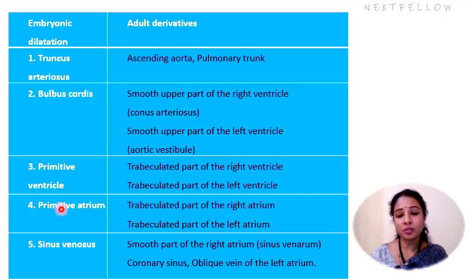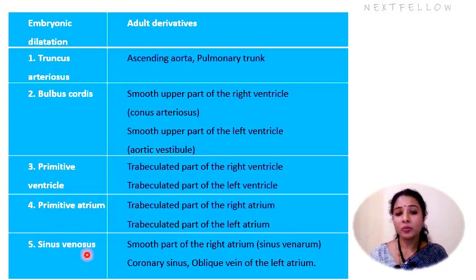The primitive atrium is also rough in texture, and forms the trabeculated part of the right and left atria, mainly appreciated in the auricles of the right and left atria, and also the musculi pectinati of the anterior part of the right atrium.